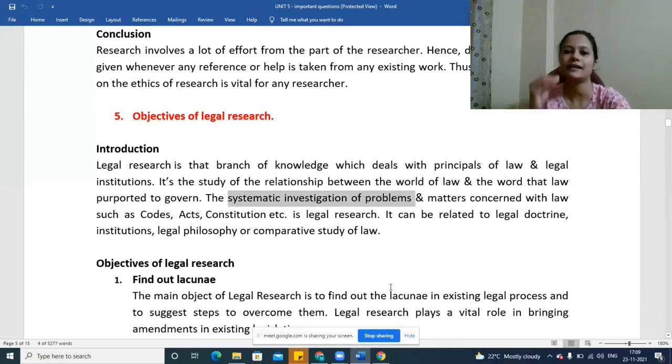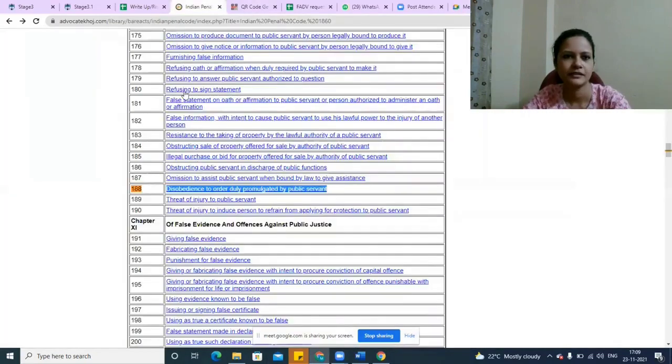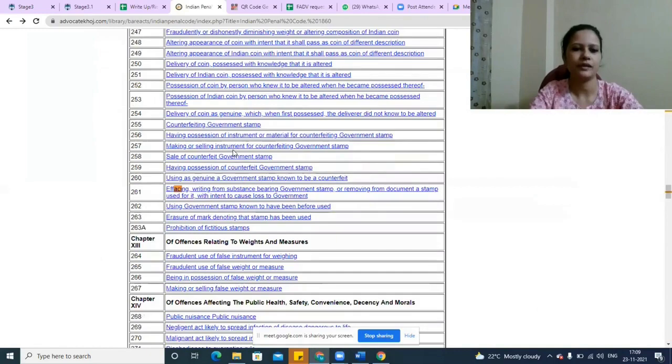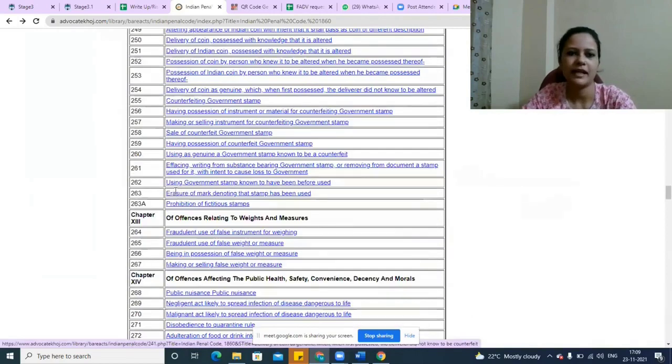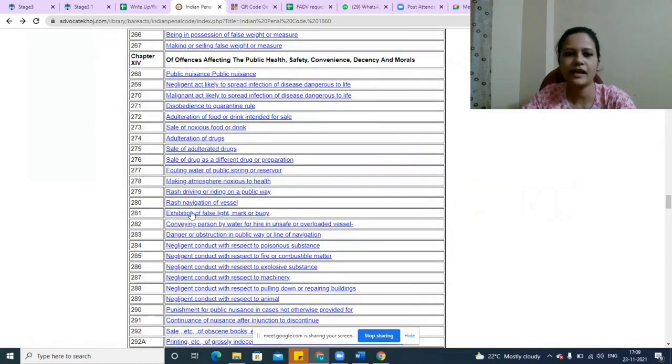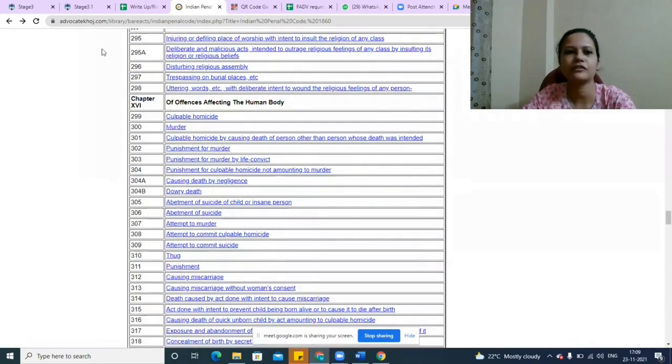We want to find out what all the problems are that a certain legislation is having, or a certain area of law is having. Okay, so if you look at the Indian Penal Code, there you may see these different types of crimes that are mentioned, and these have gone through so many different changes, right?